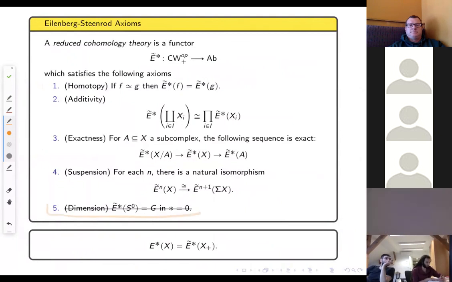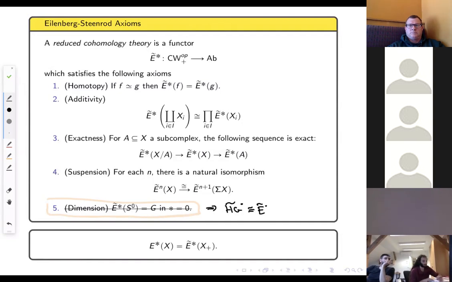In fact, if you have a contravariant functor from based topological spaces to abelian groups that satisfies all of these, number 5 included, then you would just recover ordinary cohomology. So scratch that one, but keep the other ones, and that's the definition of a generalized reduced cohomology theory.